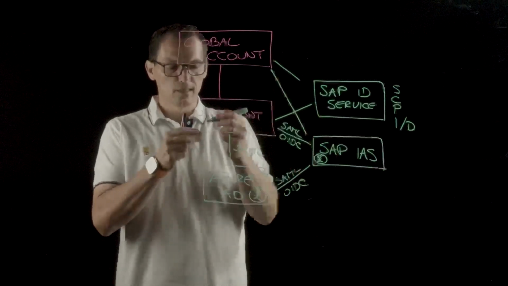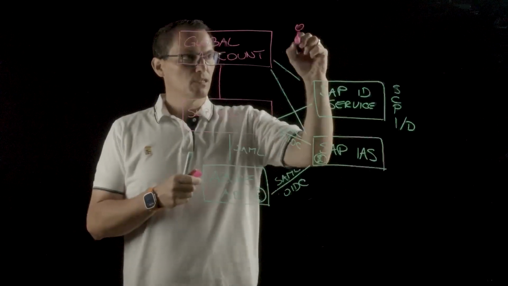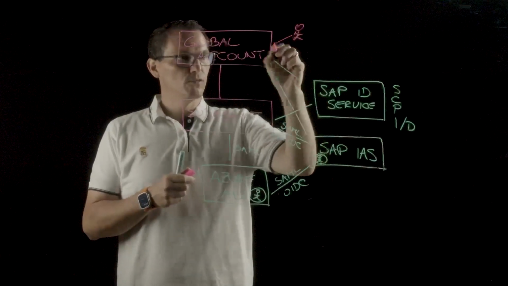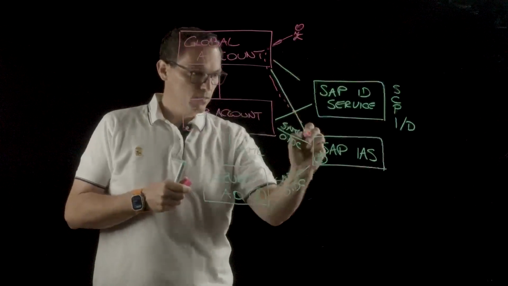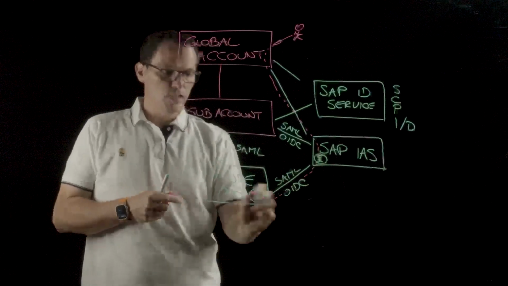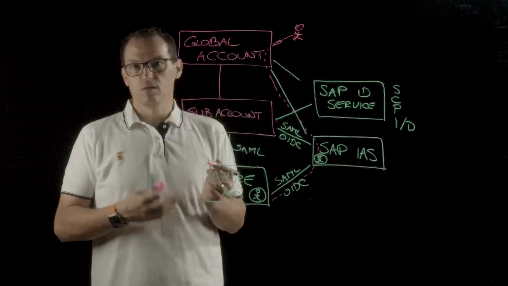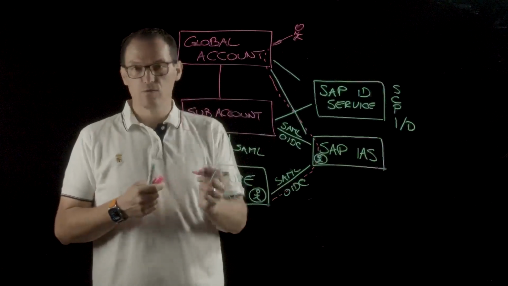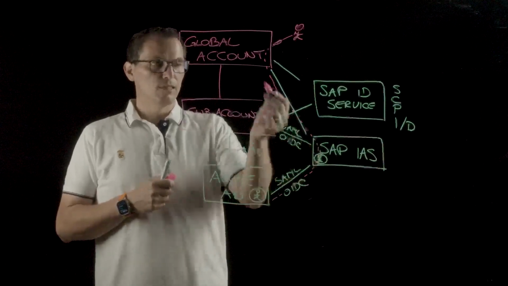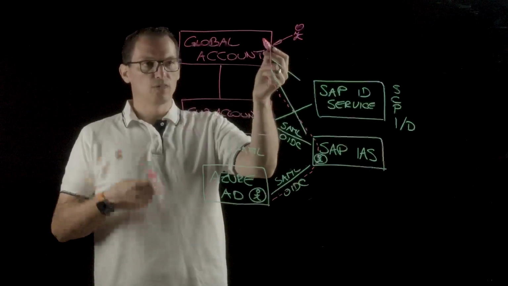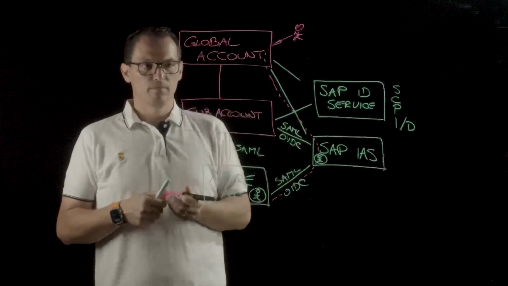This means if you would like to access the global account with your user, you're redirected via the IAS, down to the Azure Active Directory. You authenticate here with your Azure AD password or whatever security measures you have. You can have two-factor or multi-factor authentication, and then you will also be authenticated on the global account by the assertion that's coming back.